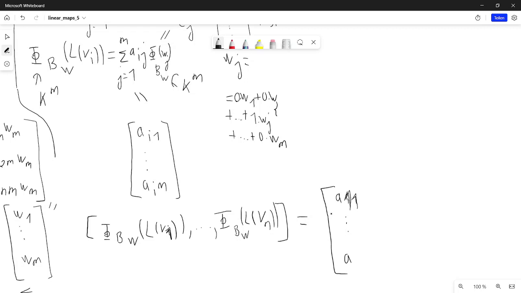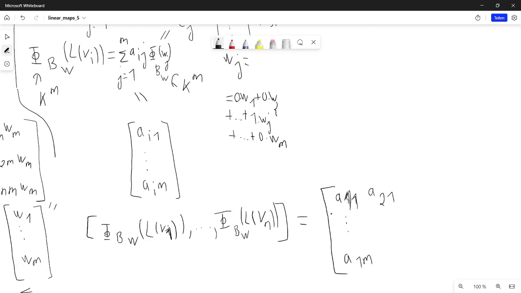A11 here, 1 is fixed, 1. So for the second vector we would have A here, 2 is fixed, 2 is fixed here, compare that to that, right?